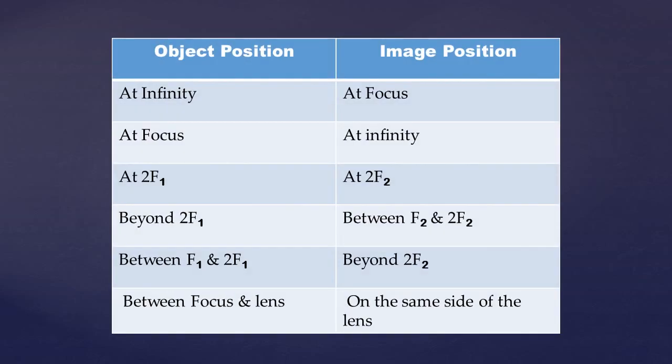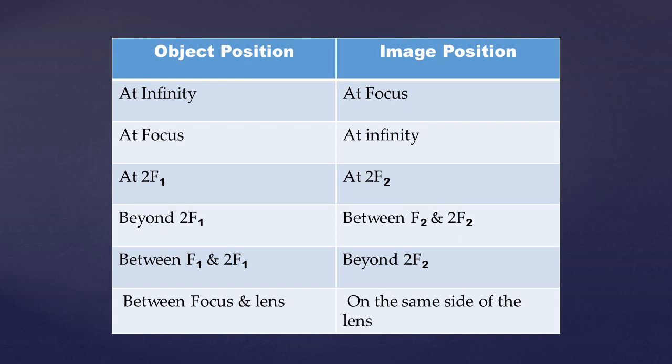Let us summarize these 6 cases according to the object position and image position. When the object is at infinity, image is at focus. When object is at focus, image is at infinity. When object is at 2f1, first center of curvature, the image is also at 2f2, second center of curvature.